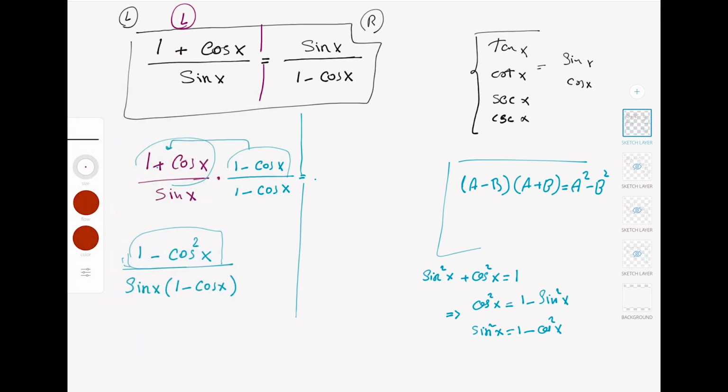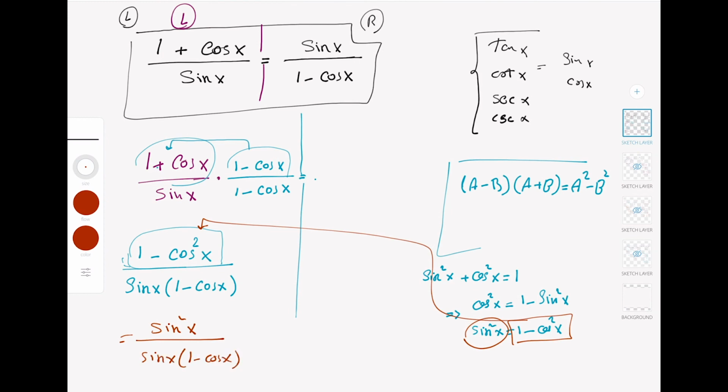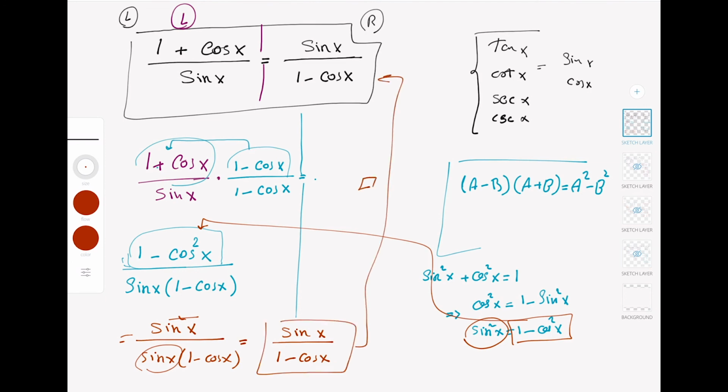So instead of 1 minus cosine square of x, I can put sine square. We have sine square of x over sine of x times 1 minus cosine of x. Sine of x and sine square, one of them cancels. We get sine of x divided by 1 minus cosine of x. This is exactly the right hand side. So we proved this.